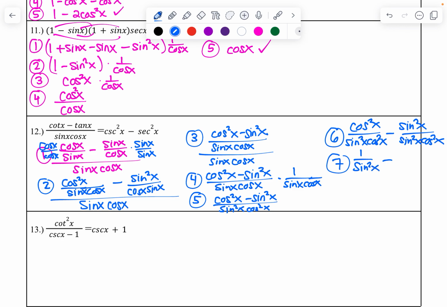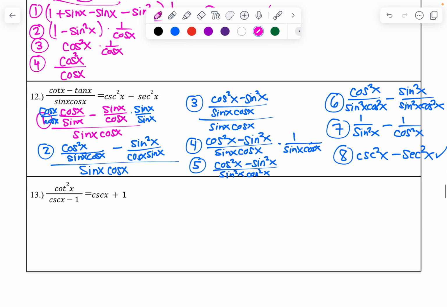In the second one, the sine squareds divide out and you've got 1 over cosine squared x. Remember, 1 over the sine squared would be the cosecant squared of x, and 1 over cosine squared would be the secant squared of x. So there we go. And remember, there's multiple ways to do this. So if you saw a faster way to do that one, that's great, that's fine. We just have to use true mathematical statements and end up in the right place in the end.